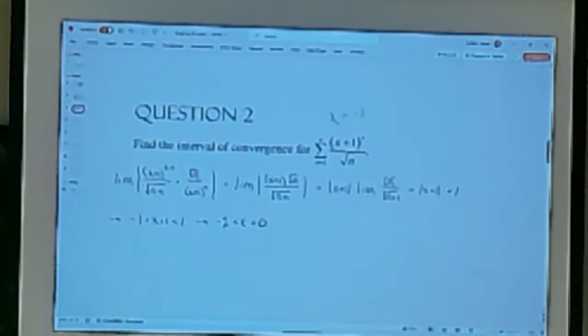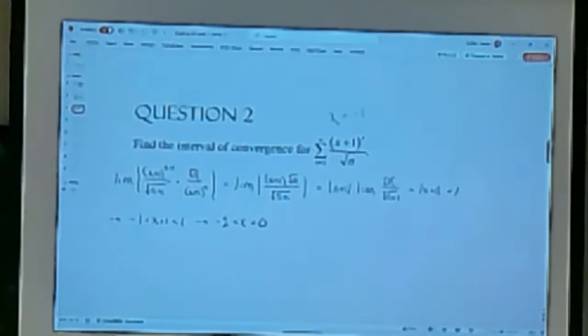What does that make the radius of convergence? 1. The limit was 1. Still not enough to make a conclusion. We need to test the two endpoints, -2 and 0.